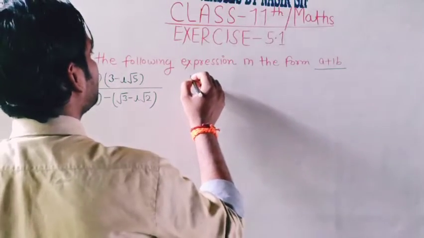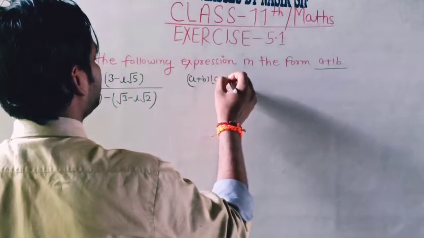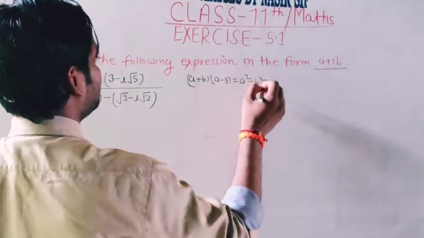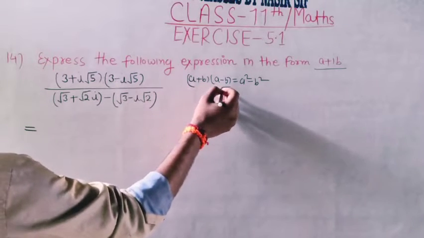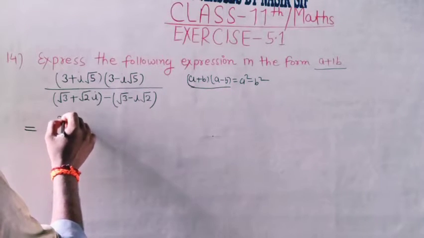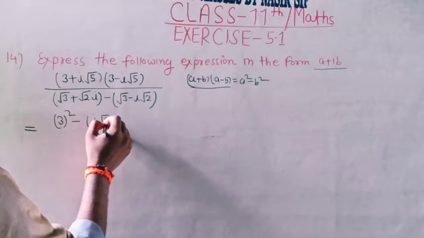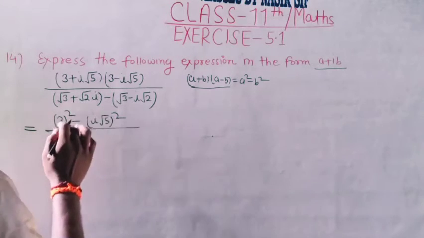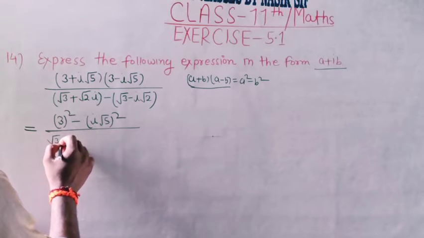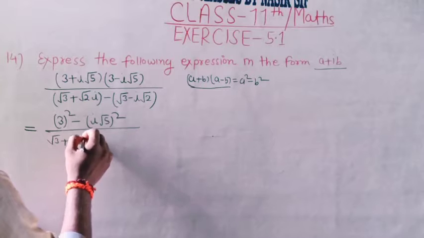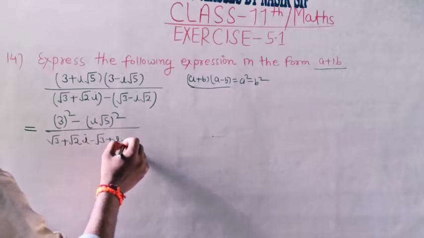So by using the identity (a plus b)(a minus b) equal to a square minus b square, this is written as 3 whole square minus (i square root 5) whole square upon square root 3 plus square root 2 i minus square root 3 plus i square root 2.